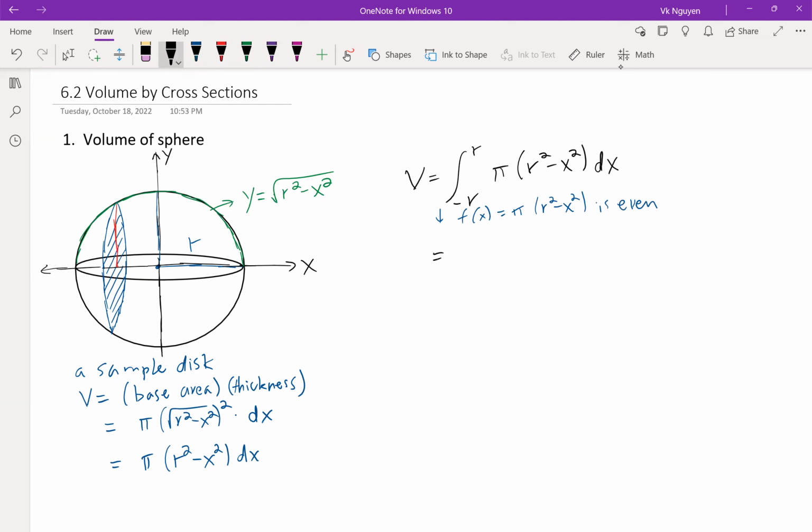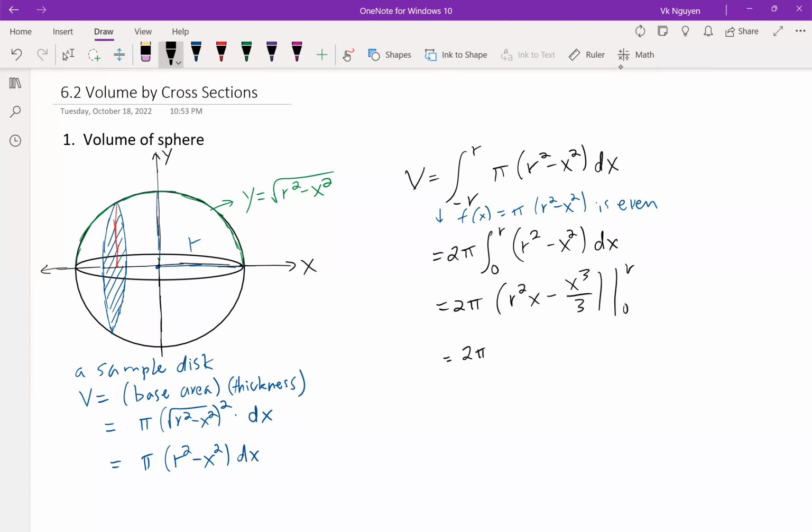We can have 2 pi on the outside, integral from 0 to r of r squared minus x squared dx. So 2 pi times r squared x minus x cubed over 3, from 0 to r.